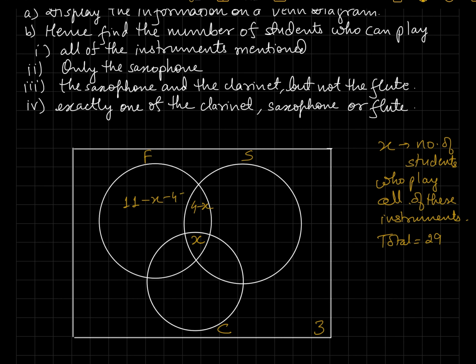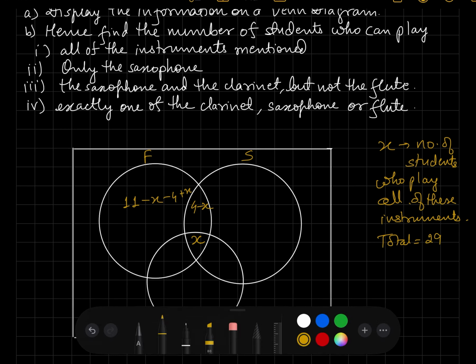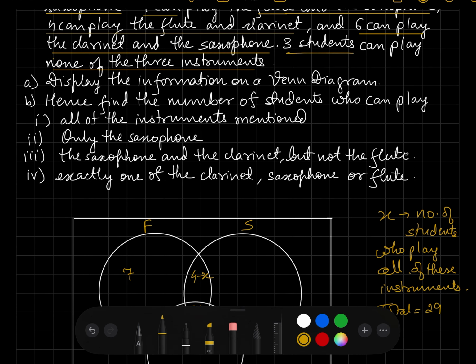So let me remove this and write here: 11 minus 4 is 7. And here also some number would come, flute and clarinet, then we will adjust.